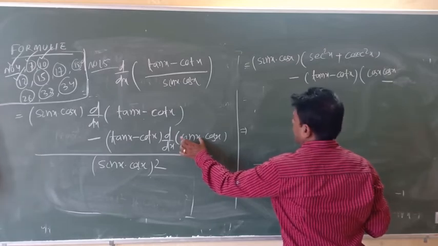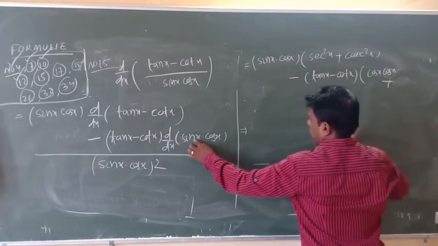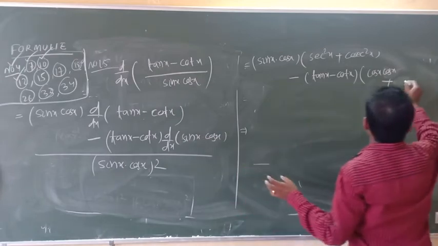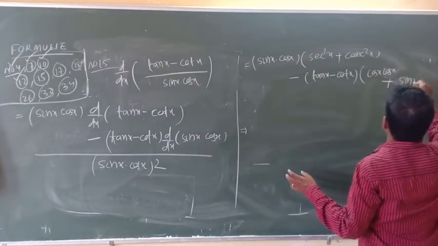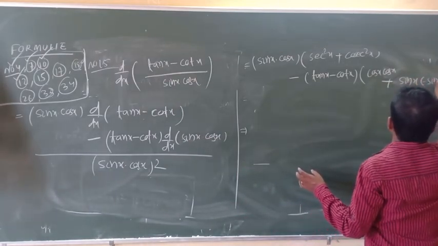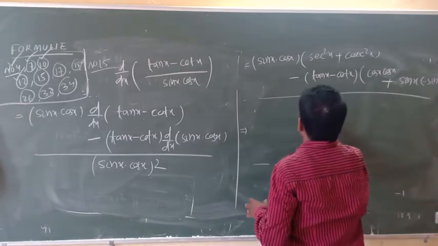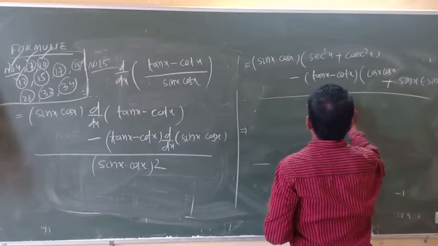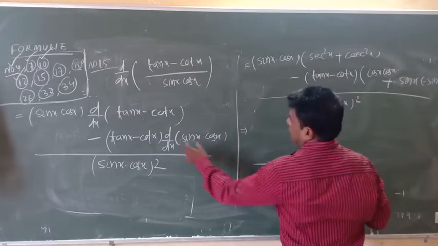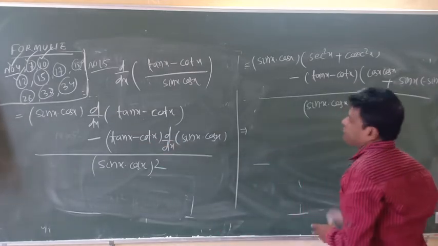Plus sin x is a constant, and derivative of cos x is equal to minus of sin x, whole divided by, again I have also told you, sin x into cos x whole square. Again I told you, tan x minus cot x is a constant.